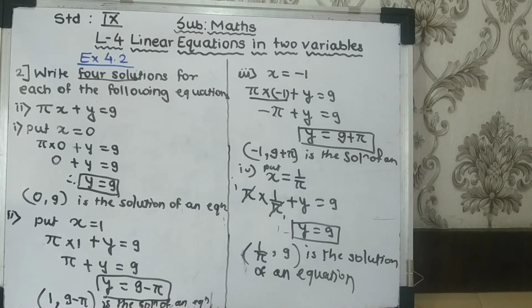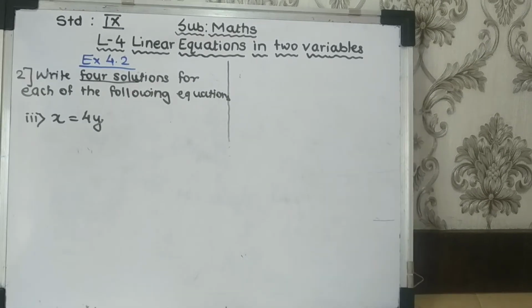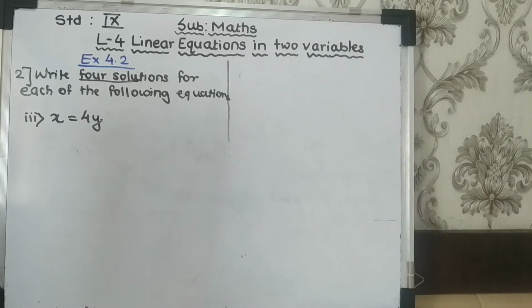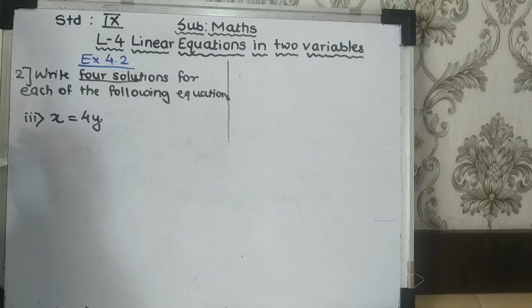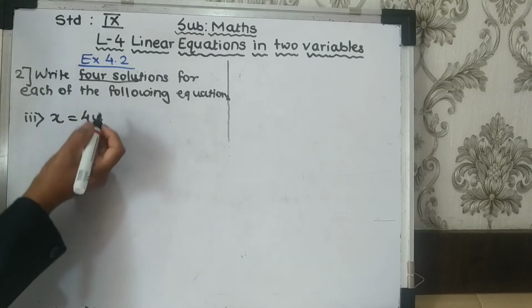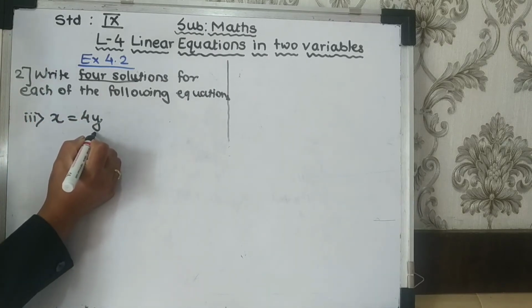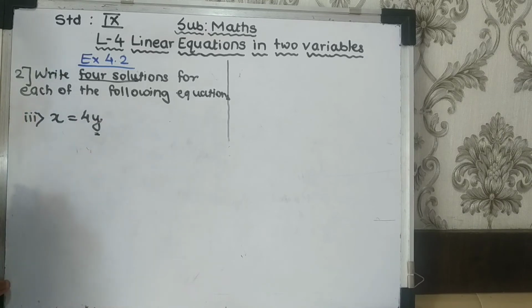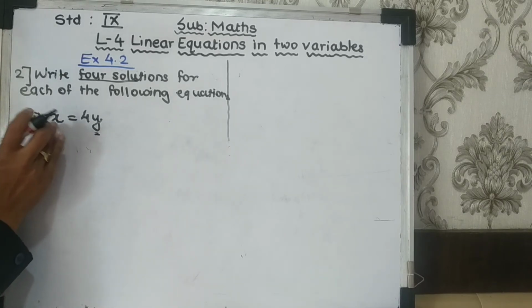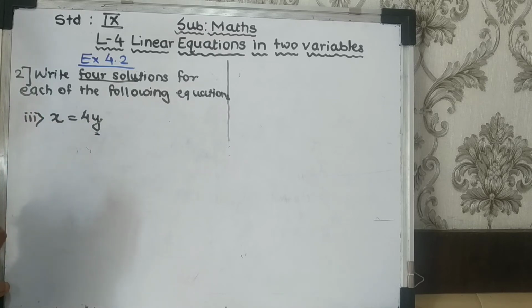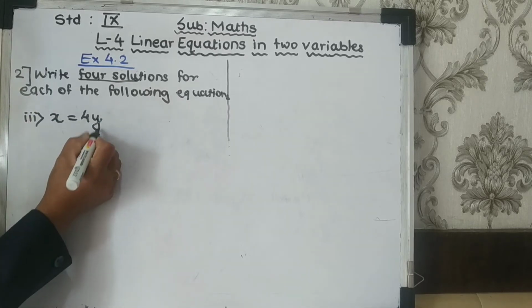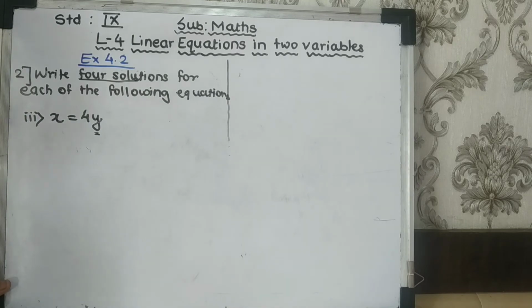Right? So x is equal to 4y. Let us see. Now what we will do in this case is put only the y value, because x is single, it is not attached to any coefficient. That's why we will take only the y value so that we will easily get the x value.